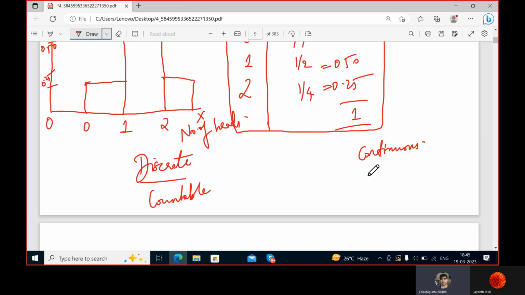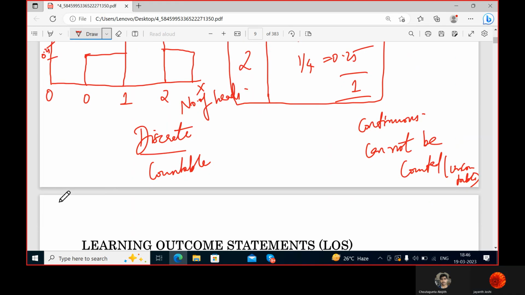No, actually I cannot. Some example of discrete? The example we took, the number of heads from a toss. This is a discrete observation or discrete variable.